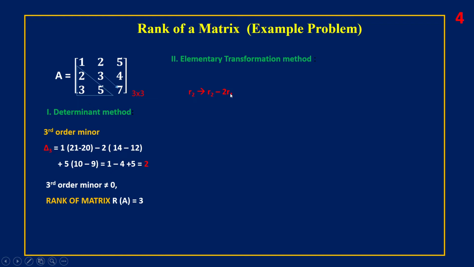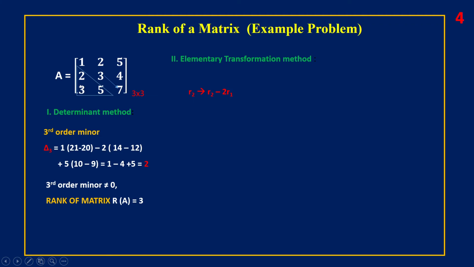R2 minus 2R1 means 2 minus 1 into 2, it becomes 0. We are making that element 0. So we consider row 2 as R2 minus 2R1. And for the third row first element, 3, and the first row first element, 1, 3 minus 3 will become 0.